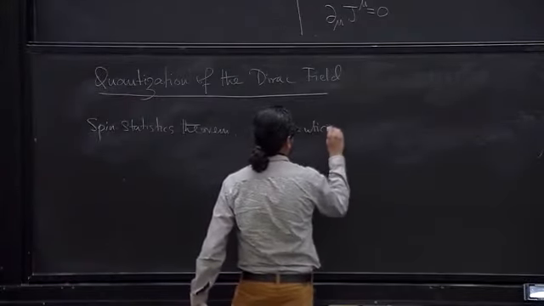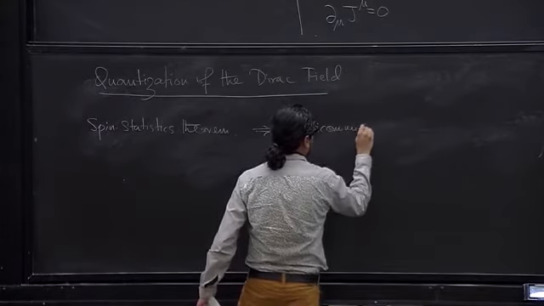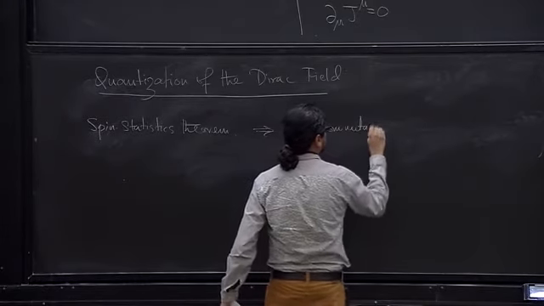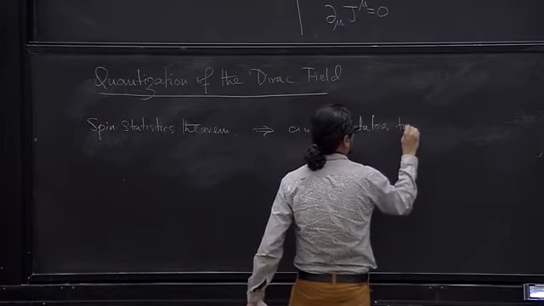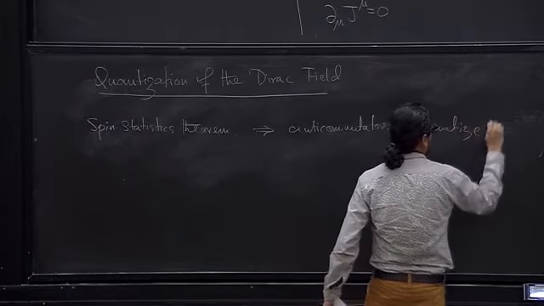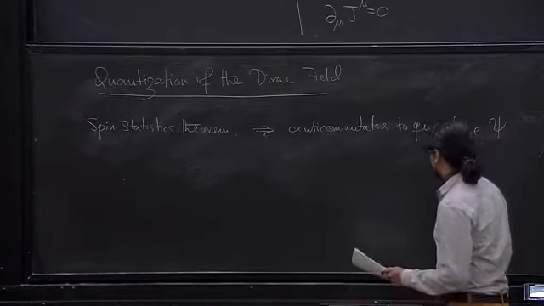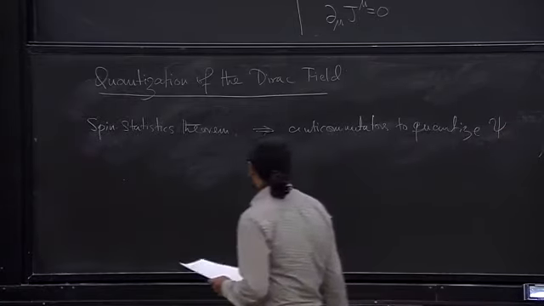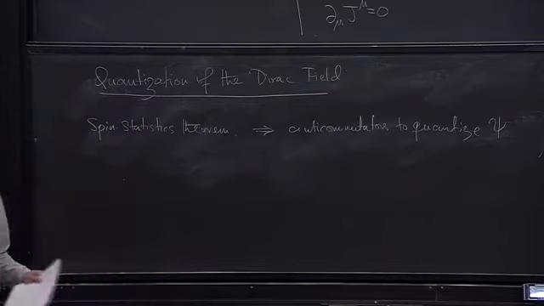So, okay. The spin statistics theorem tells us that we should use anti-commutators to quantize the Dirac field. You can try to impose a commutation relationship on the Dirac field if you want to, but bad things will happen if you do.